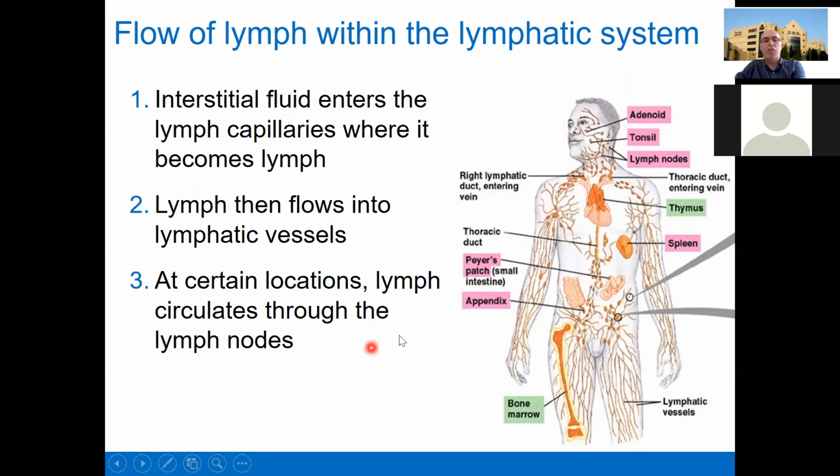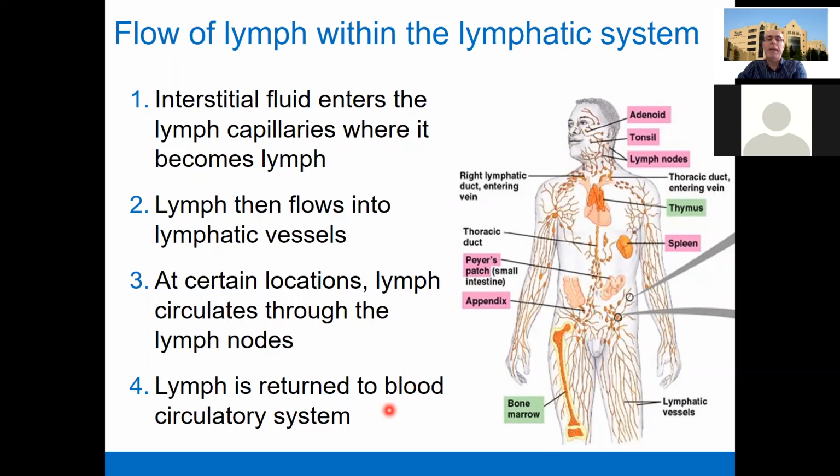At certain locations, lymph circulates through the lymph nodes, where it is filtered, and the harmful materials and bacteria are held by the lymphocytes, preventing the harmful effects of these microorganisms. Then lymph is returned to the blood circulation, bringing the fluid to our heart.